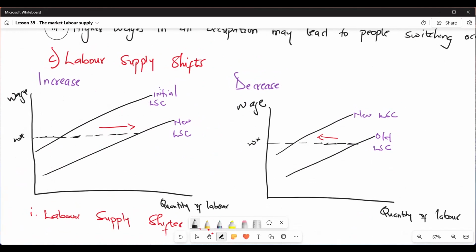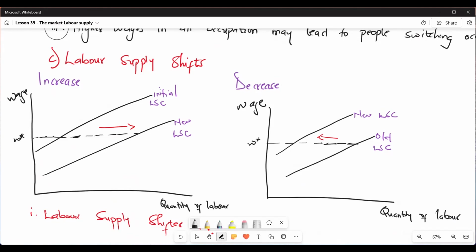So let's now move to labor market shifts. Labor supply decisions are very connected to other markets and to government policies. If other market factors change, it may affect labor decisions, which will shift the labor supply curve to the right or to the left.